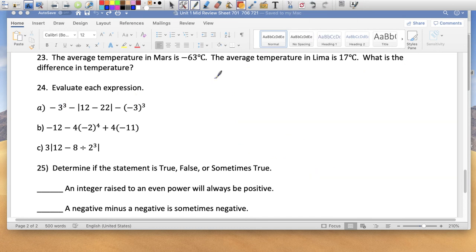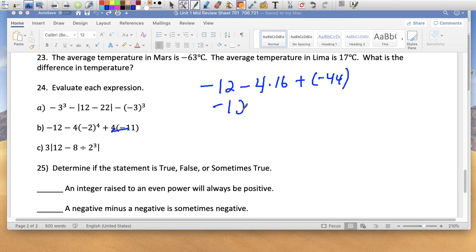10. B, okay, negative 12 minus 4, and then it's negative 2 to the fourth power, so it's negative 2 times itself 4 times, so I know it's going to be a positive number, right? Because when there's an even number. So it's negative 2, 4, 8, 16, so that's going to be times 16 plus, I'm going to multiply these two now because doing it now it's not going to change anything, so plus 4 times negative 11 is negative 44.